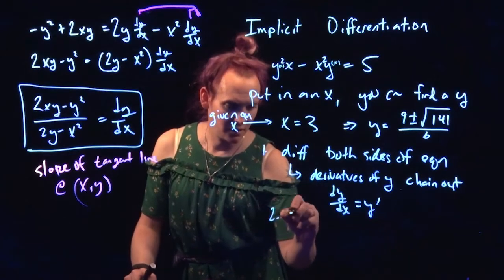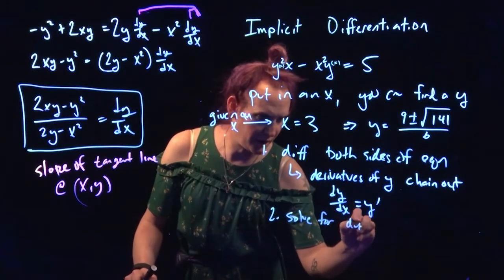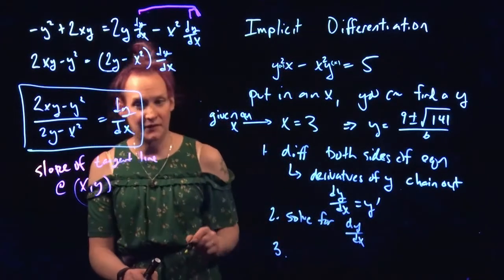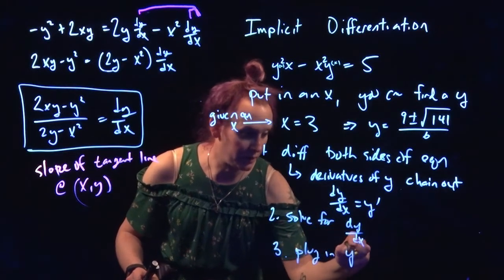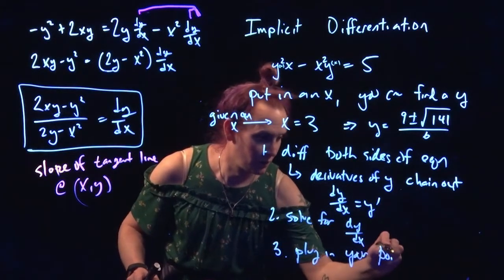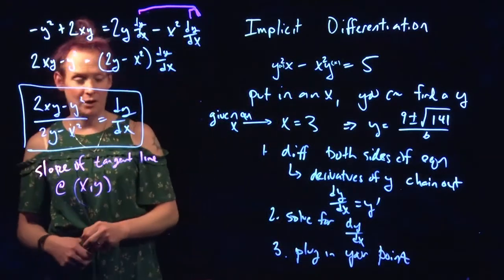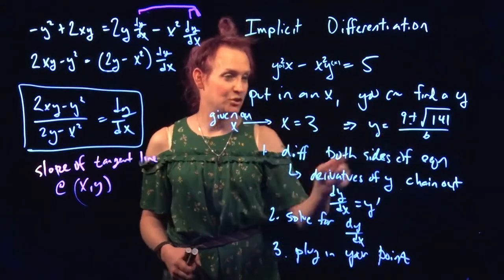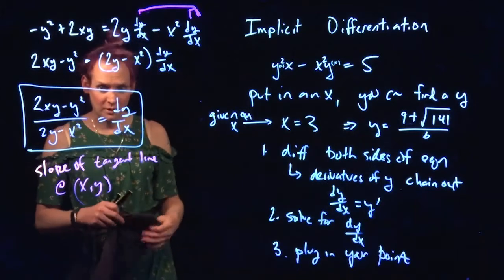Two, we're going to solve for dy dx. And then three, we haven't done this step yet. We're going to plug in your point. Okay. So we could then plug in one of these points. Let's say choose the plus branch of those two.